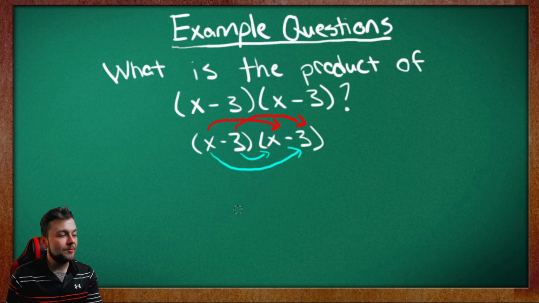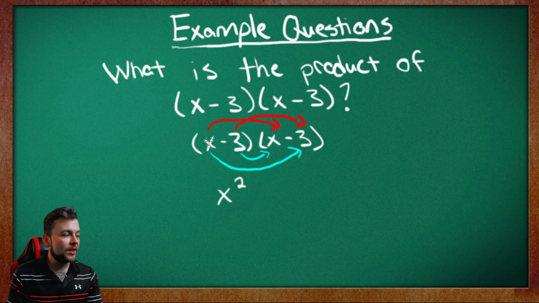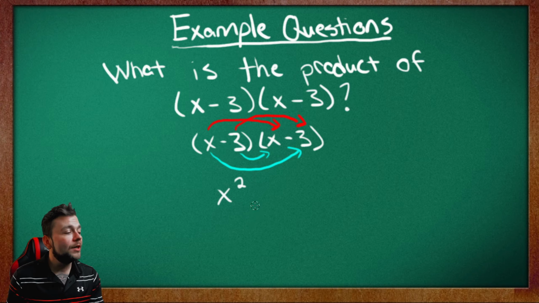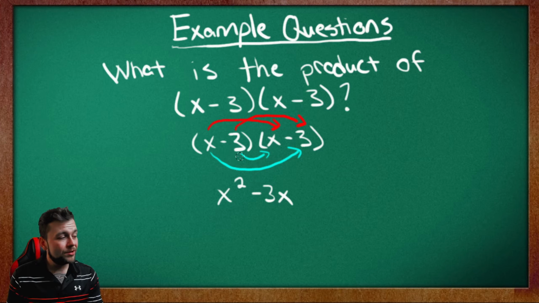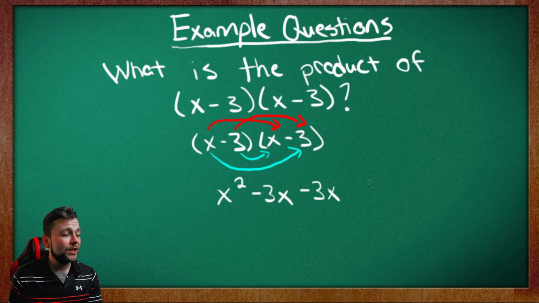So what is x times x? That is x squared. And then we go with our first term times our last term, our outside terms. That would be a negative 3x. The inside terms, negative 3 times the x. And our last terms, negative 3 times a negative 3, what is it?